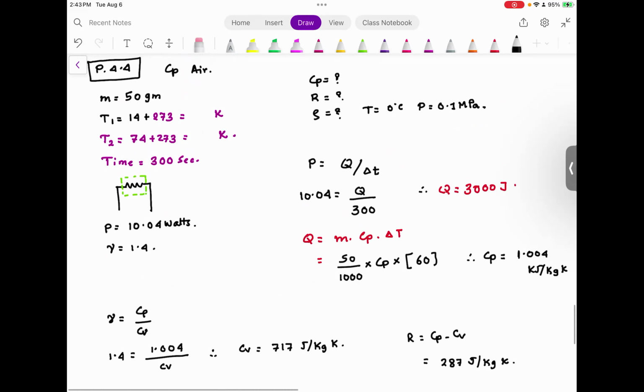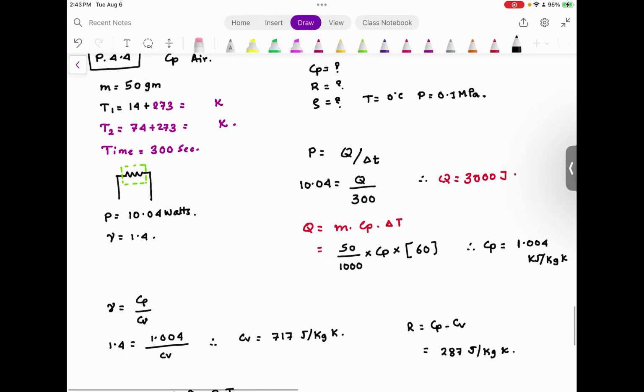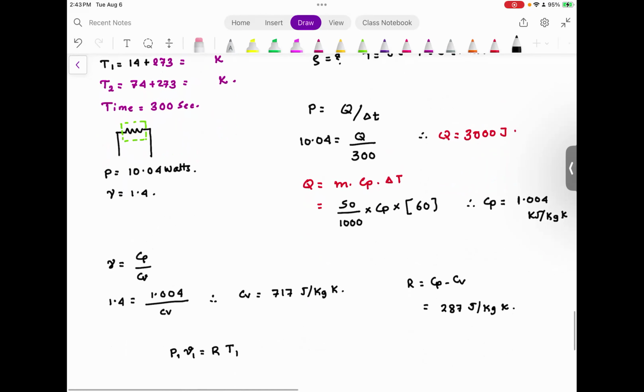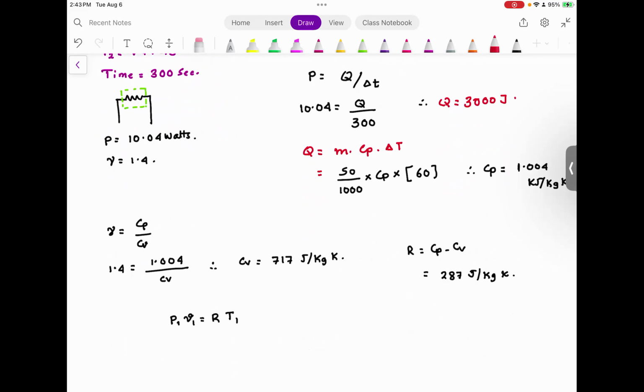So pressure is 100 kilopascals. V1 is to be found out. Value of R is 287. Temperature is 0 degrees C, which is 273. From here, you'll get the value of V1. Density is equal to 1 divided by V1.